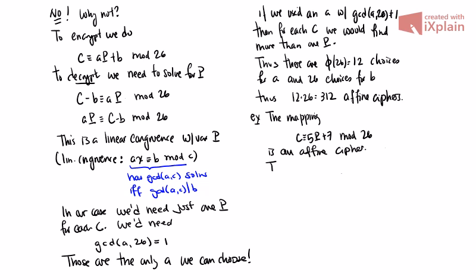So to decrypt, basically the decryption method we get by solving for p. So we subtract 7. Of course, subtracting 7 is the same as adding 19, but we can of course leave the 7 for right now. So then let me rewrite this in a more friendly way.